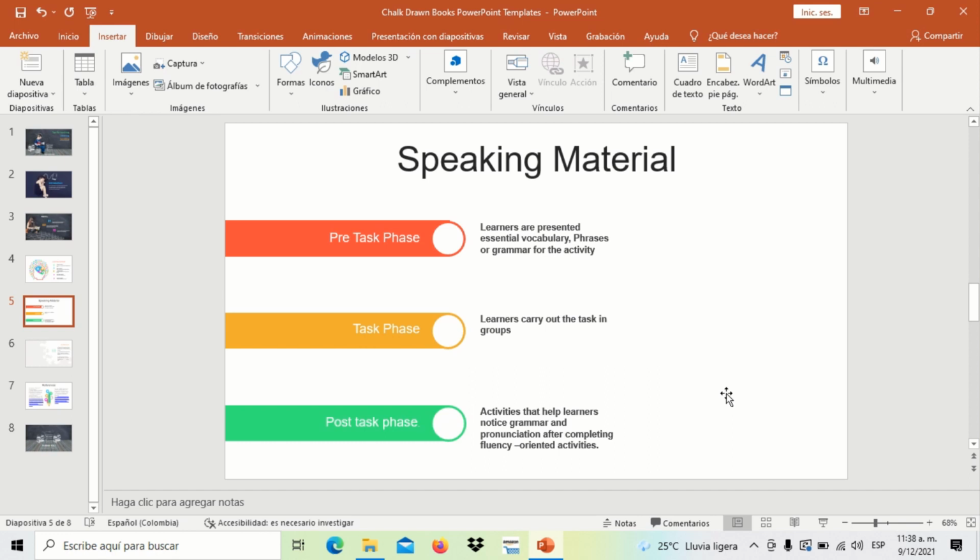But no, we have to take into account that speaking is a complex mental process because, as Levelt in 1999 points out, it involves four separate sub speaking processes. Conceptualization, for example, is one, formulation is another one, articulation, and self monitoring.